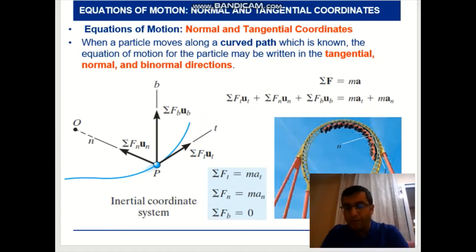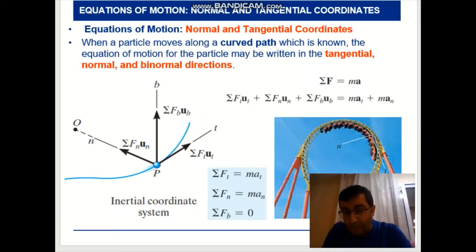If there is a curve, we need to use tangential, normal, and here there is one more term coming, the binormal direction. It is the third direction, as we see the tangential direction here and the normal direction here, and the other side is going to be upside or outside. For example, in the roller coaster, there is the normal direction in the bottom side and the tangential direction, and if we go out of the picture, it is the binormal direction.